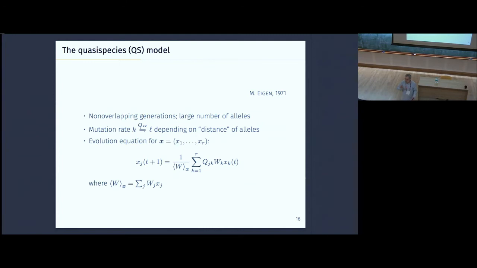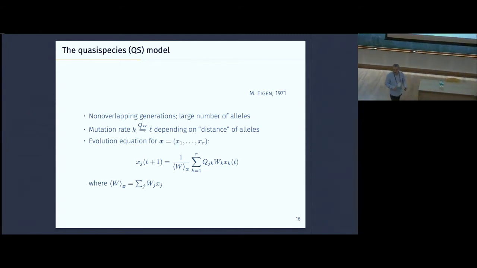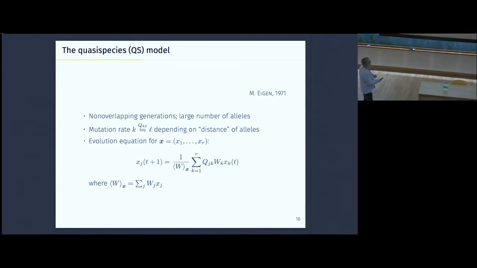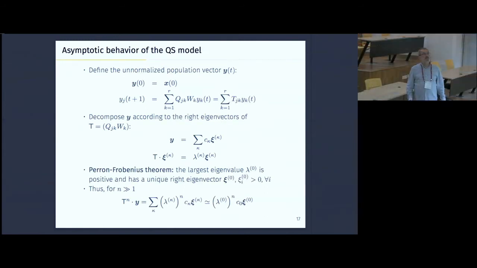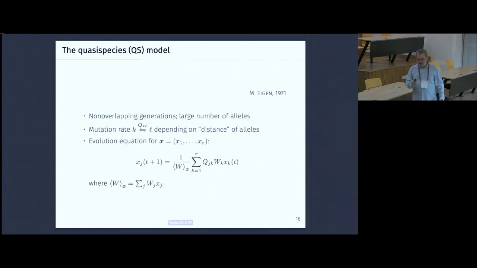And then just bear with me now what I'm going to do. Okay, so now we ask ourselves, what is going to happen to this model? And the mathematics is very nice and useful. The first thing you notice is that this would be a linear equation were it not for this denominator, which depends on x itself.